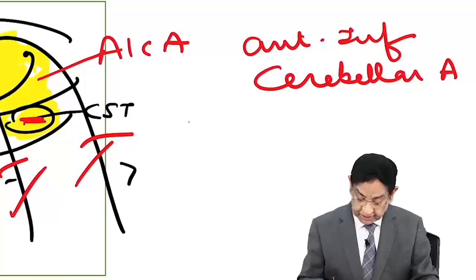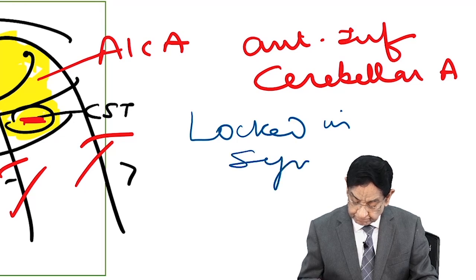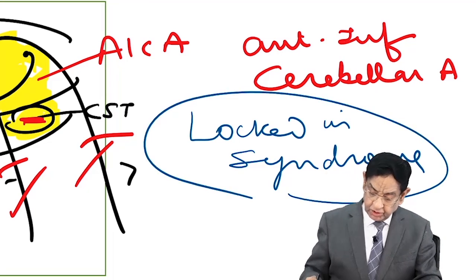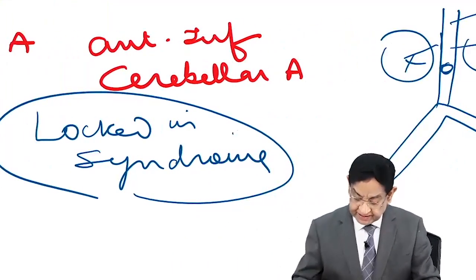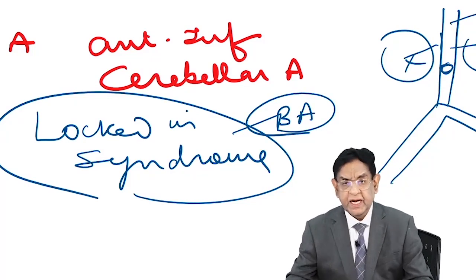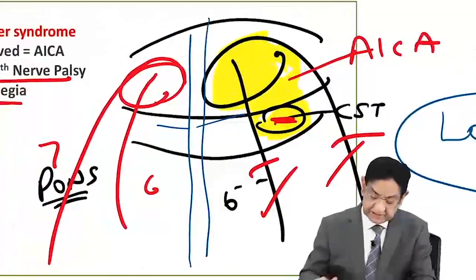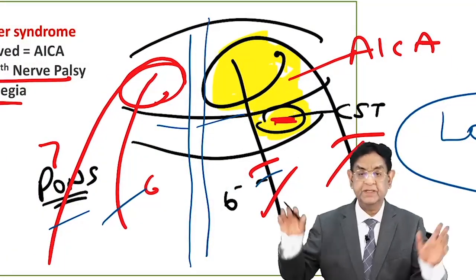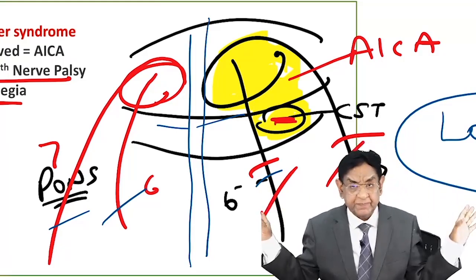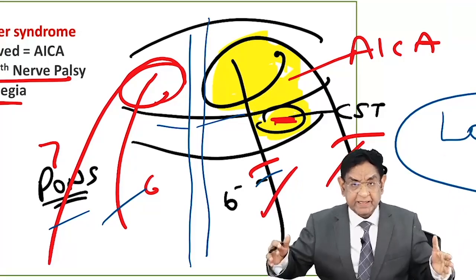This is known as locked in syndrome. Locked in syndrome occurs when the lesion occurs in the basilar artery. How does the patient manifest to you? Look into this. He will have bilateral 6/7 palsy. Bilateral. And he has bilateral hemiplegia.